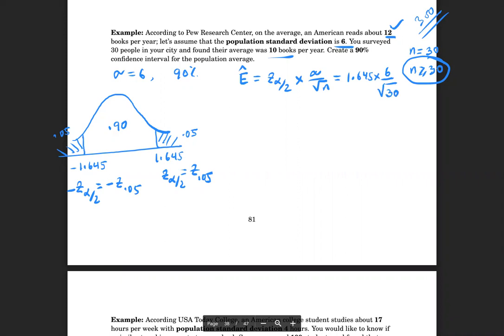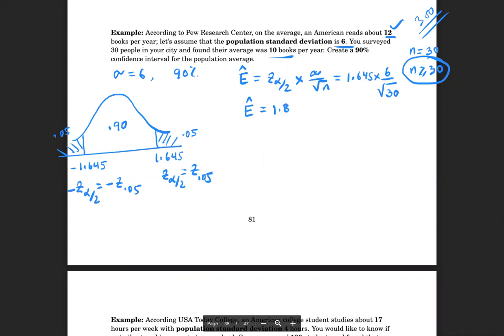So 6 times 1.645 divided by square root of 30. It gives me 1.8. So E hat is 1.8.